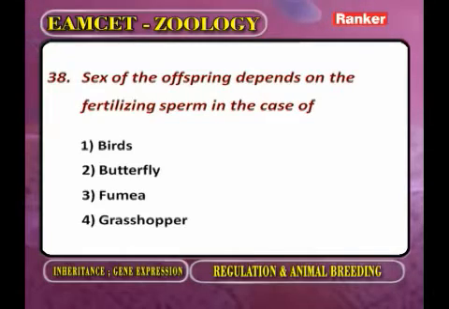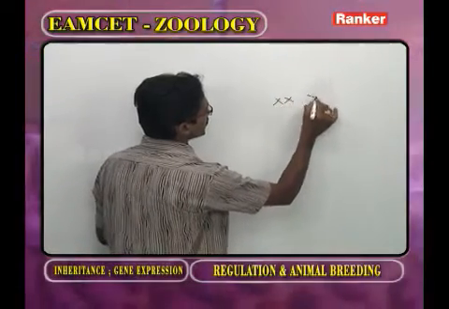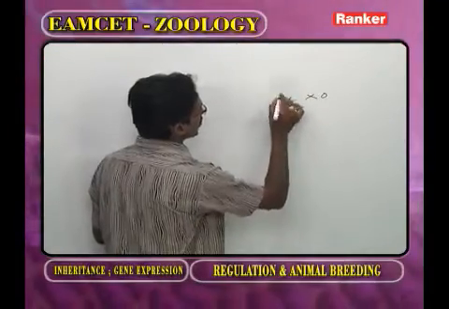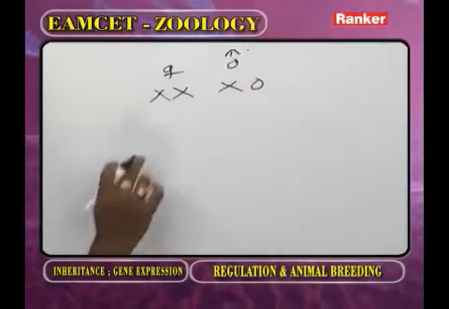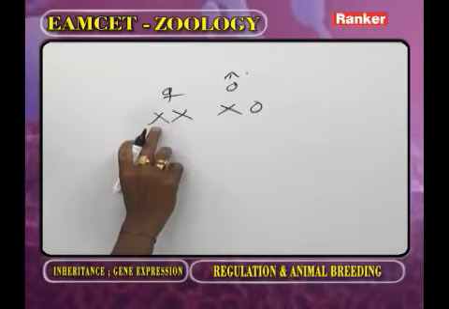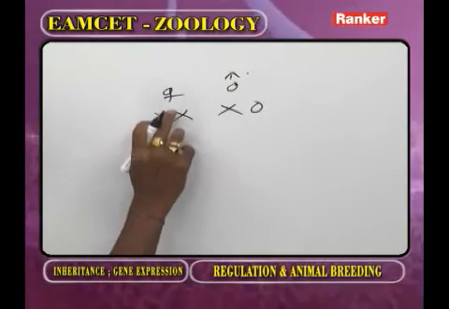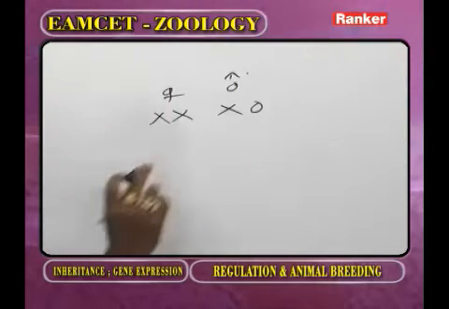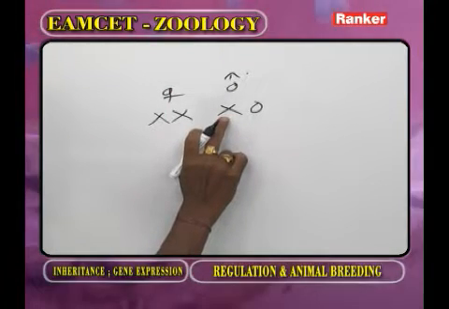Now as we observe the sex determination, one method is XX, X0. Now this is the female, this is the male. Here you have to observe, the sex chromosomes are 2 in number in female, but in male how many sex chromosomes? Only 1.